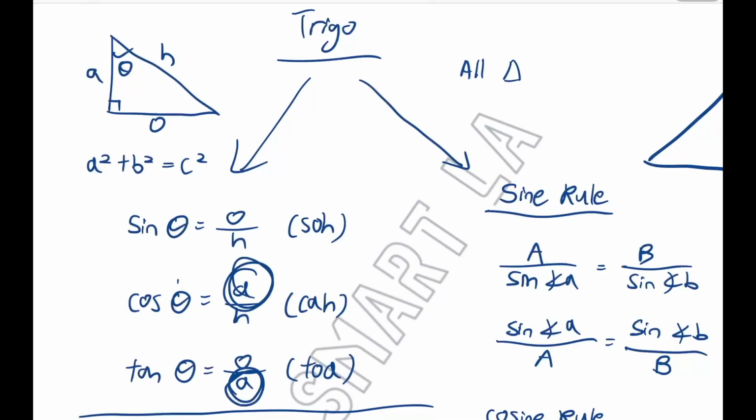Now, if you want to find the length at the bottom, you will still need angle theta and you will need this length on top. And how you get it after putting in the values is the same, cross multiply and solve for your adjacent. All right, so that is actually your SOH CAH TOA, and that is used for right angle triangles only.